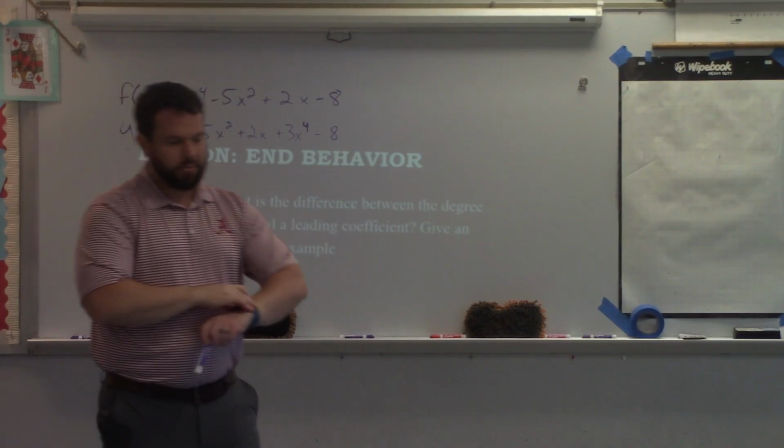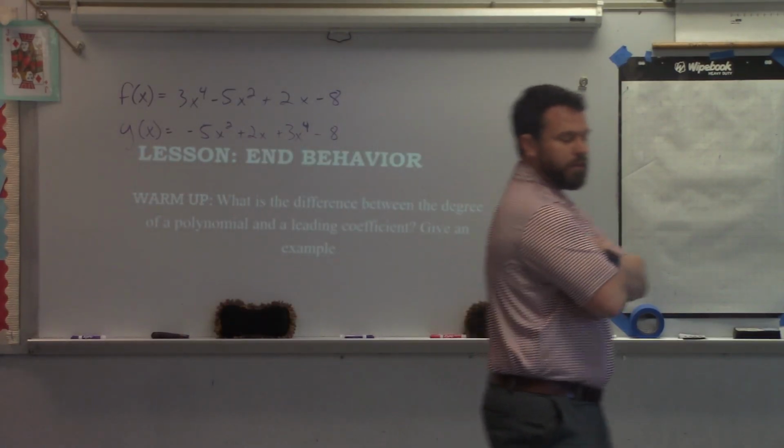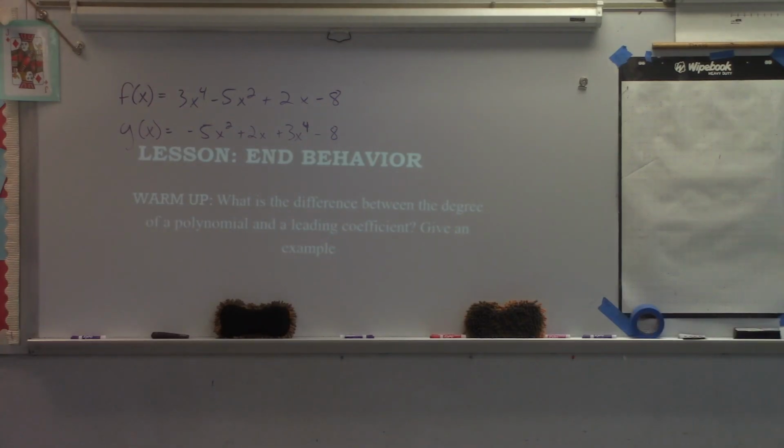And I want you to identify what you think might be the leading coefficient of f of x and of g of x, and what you think the degree of those two functions might be.